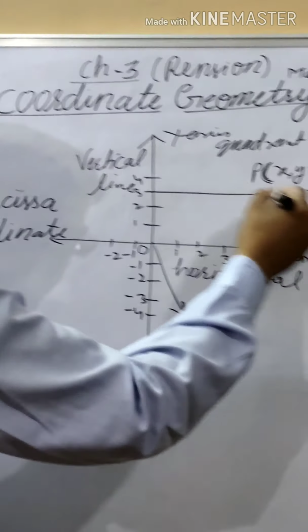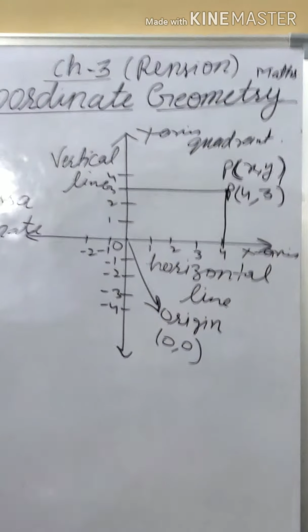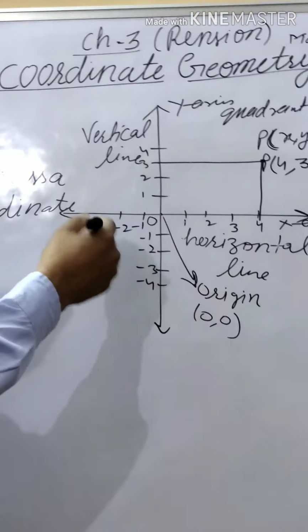Understand? So these are the basic points. Horizontal line x-axis, vertical line y-axis, where the axes intersect you can say this is the origin, and you can find out the coordinates of a given point also. If I ask what are the coordinates of point A, you will say this point A distance from the y-axis is 3 on this side, so -3.